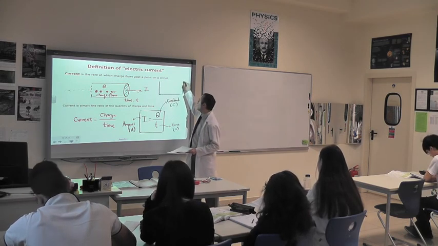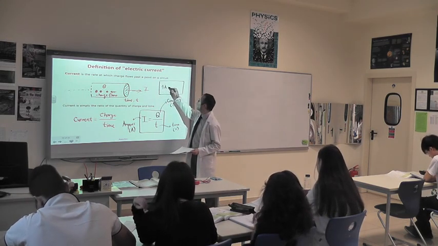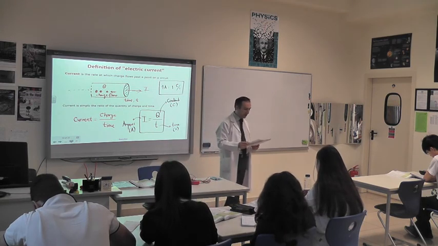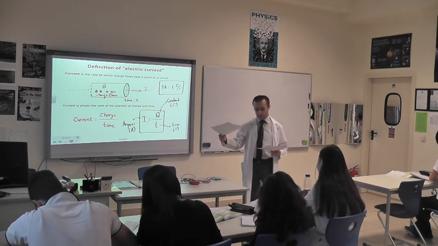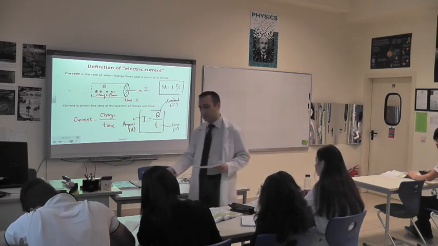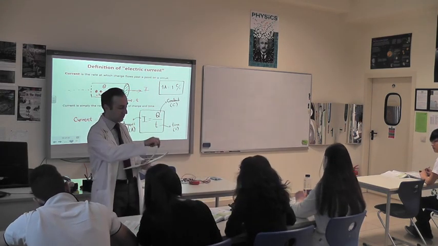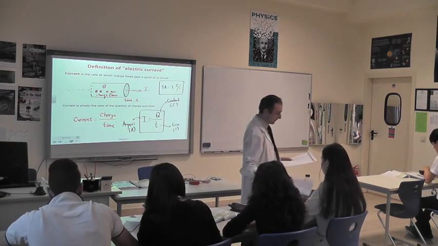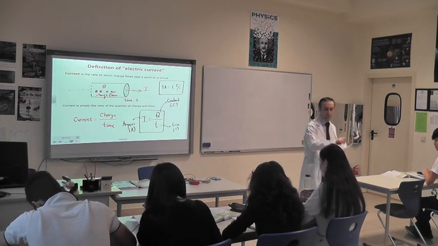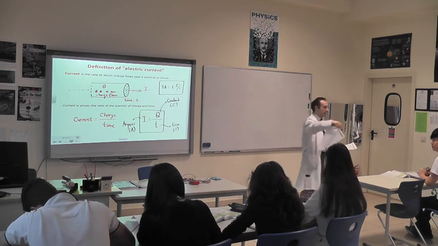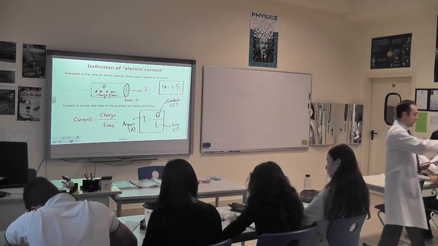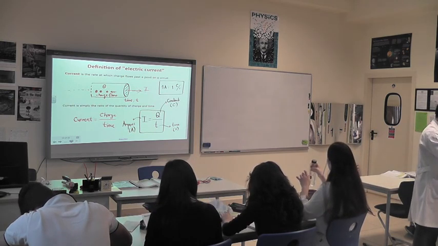You can write this down as well. 1 amp is equal to 1 coulomb over second. I'm going to give you some questions now. This is our worksheet. We're going to solve some problems about this. Not only for this unit, also for the following units of electricity, we are going to use the same paper. So don't lose it. We are going to use it again.